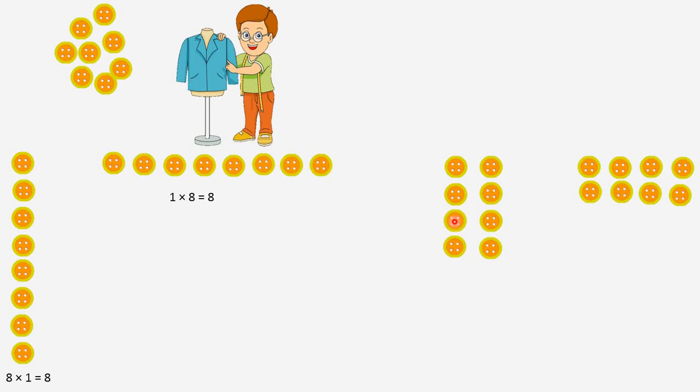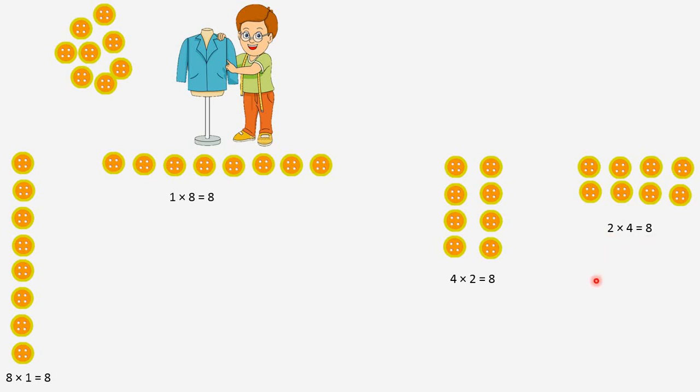In third scenario, he has arranged 8 buttons in 2 columns of 4 buttons each. Right? So you may write it as 4 times 2 is equal to 8. And in the last scenario, he has made 4 columns in which there are 2 buttons in each column. Right? So he has taken 2 buttons 4 times, which will give you 8.